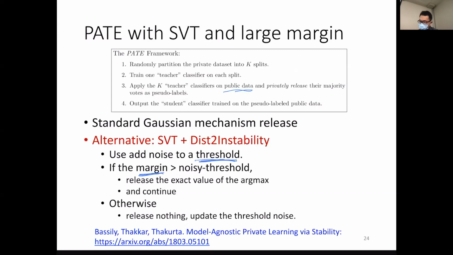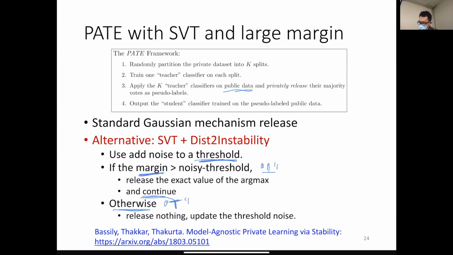If this condition is true, we're just going to continue, but before continuing, we can actually release the exact value of the argmax without adding any noise. I'll tell you why this is possible. Otherwise, we will release top. So in this case we'll release perp, and in this case we'll release top.